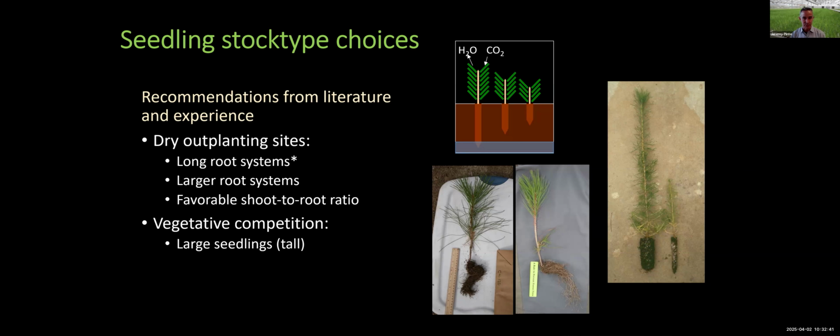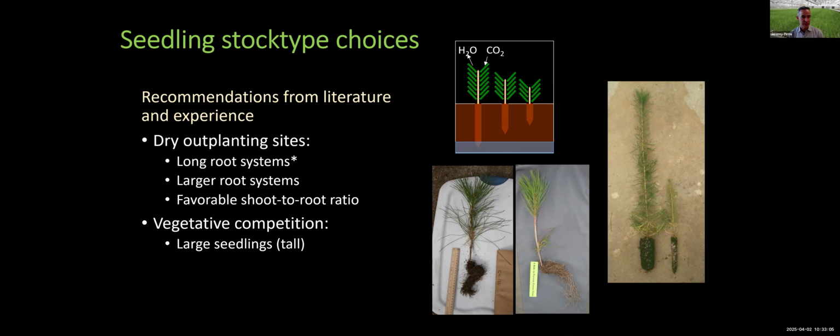And the illustration down below that graphic shows where seedlings with long root systems were planted in shallow soils. And even though the goal was to get seedlings with long root systems deeper in the soil profile to access moisture, when they were planted by the contractors, they planted them improperly because of the shallow soils, and now you're faced with this challenge right off the bat.